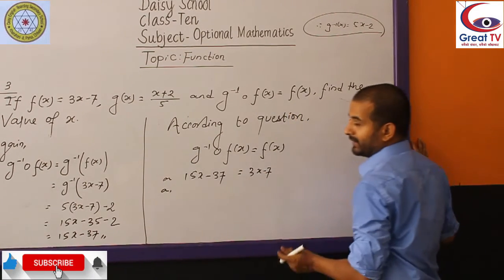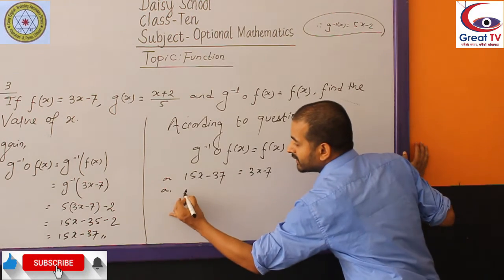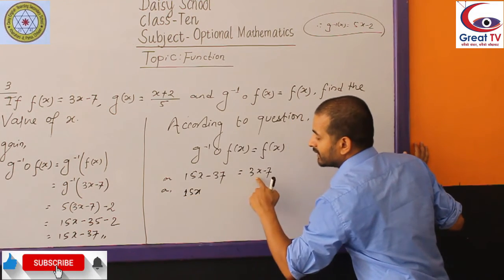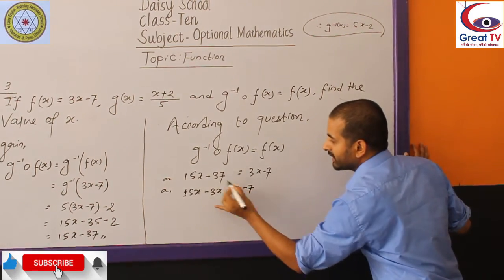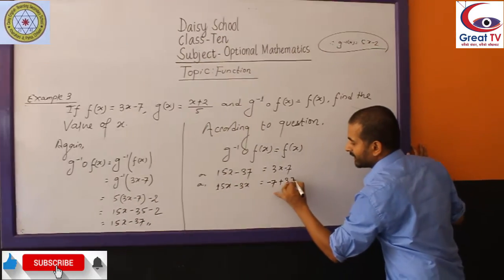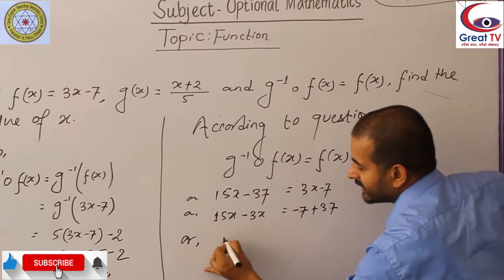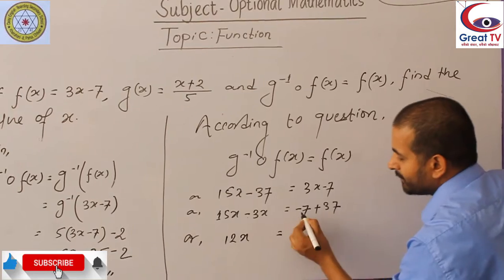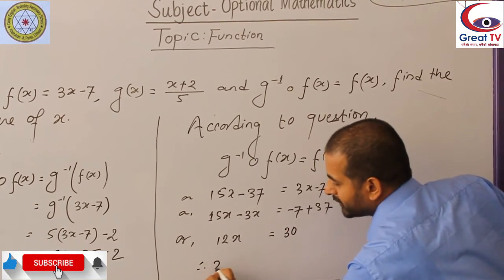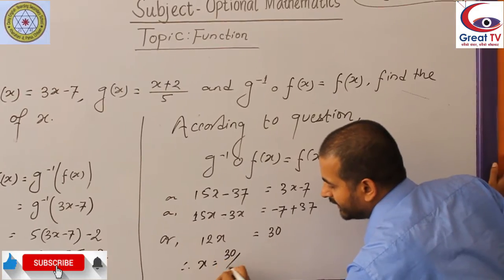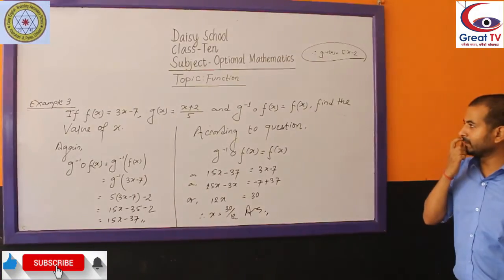Now you know how to put like terms on different sides. So 15x minus 3x, because they are like terms, and minus 7 plus 37. So 15 minus 3 is 12, and minus 7 plus 37 is 30. Therefore x is equal to 30 by 12.